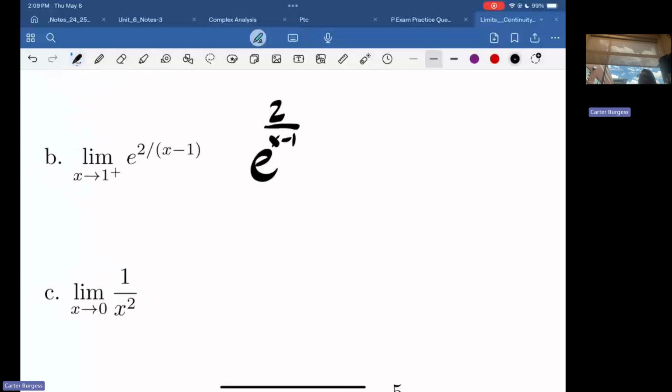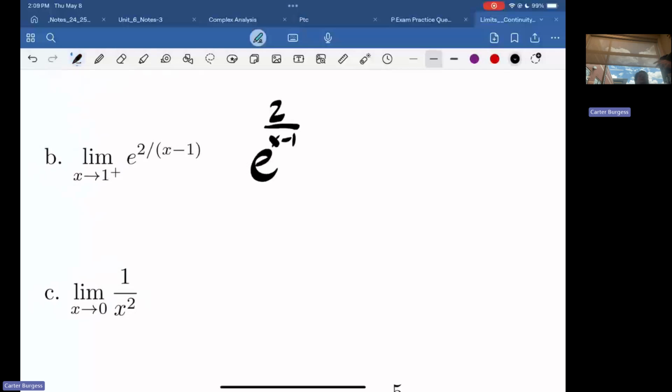What does that mean is going to be true about my quantity of x minus 1? If I'm only plugging in values that are slightly more than 1, it's going to be very small, and you're saying greater than what? Greater than 0. All the values are greater than 1.